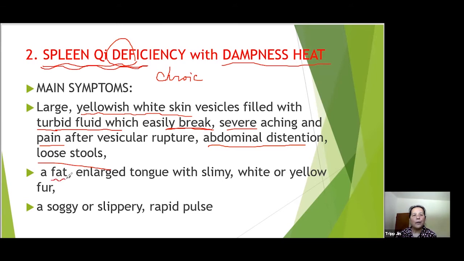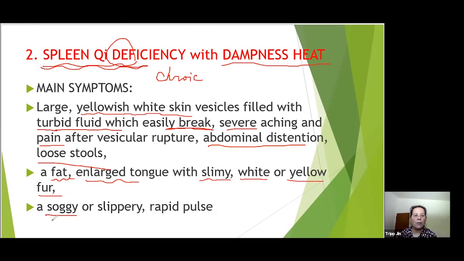The tongue is a little bit swollen and a little bit enlarged, maybe with greasy, slimy, white or yellow tongue coating, depending on how severe the heat is. The pulse is soggy, a softer pulse.